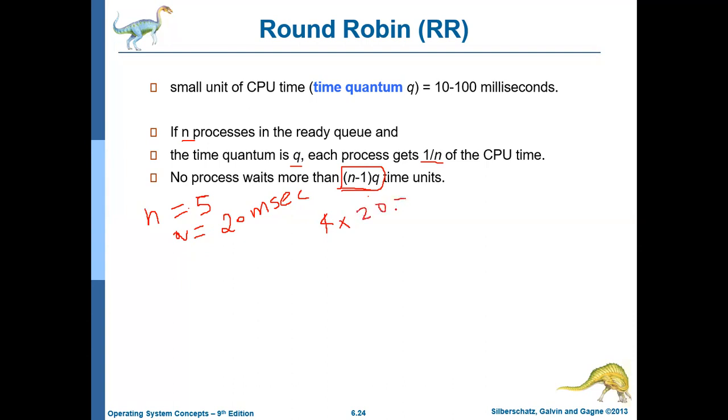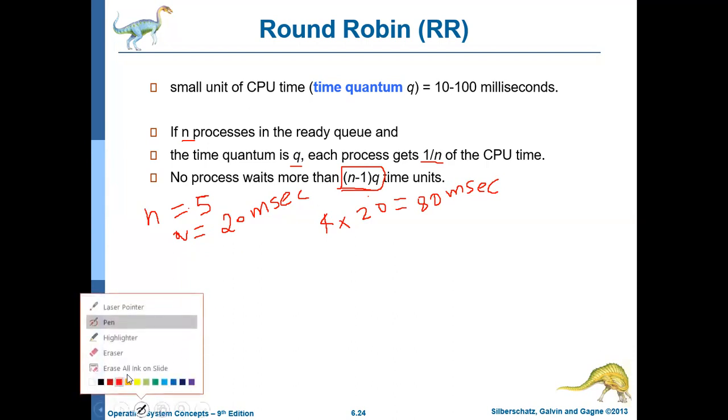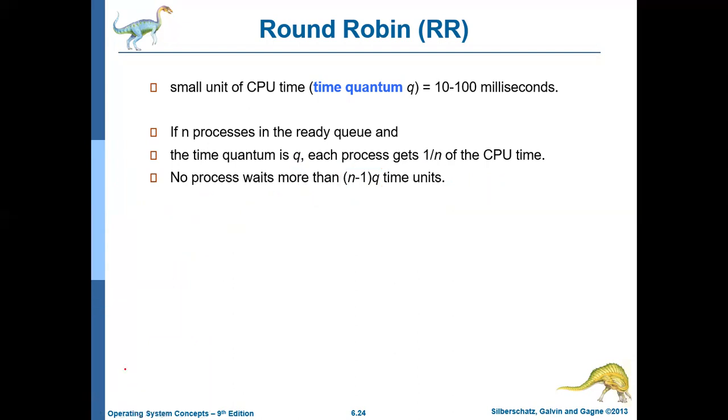So a process need not wait more than 80 milliseconds to get the CPU during the next round. It will get the CPU after 80 milliseconds at the latest, or even before that if some of the processes complete in between.